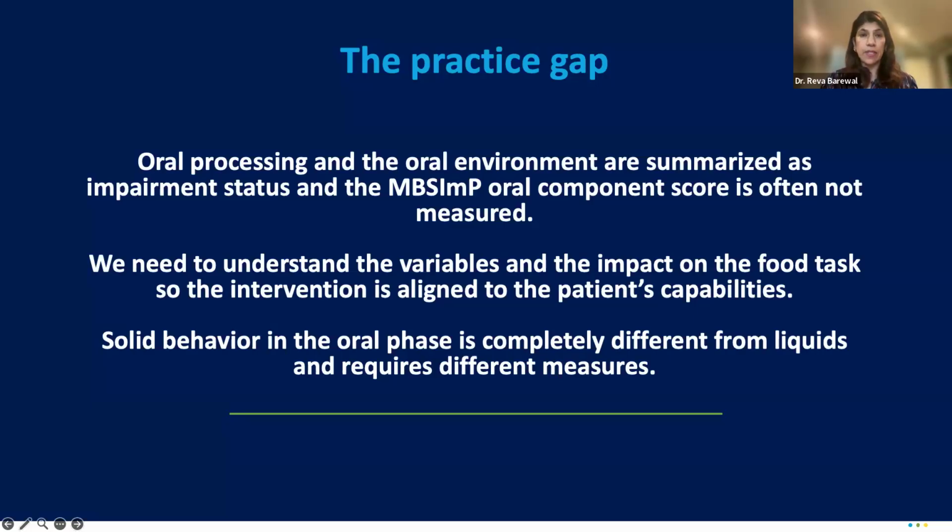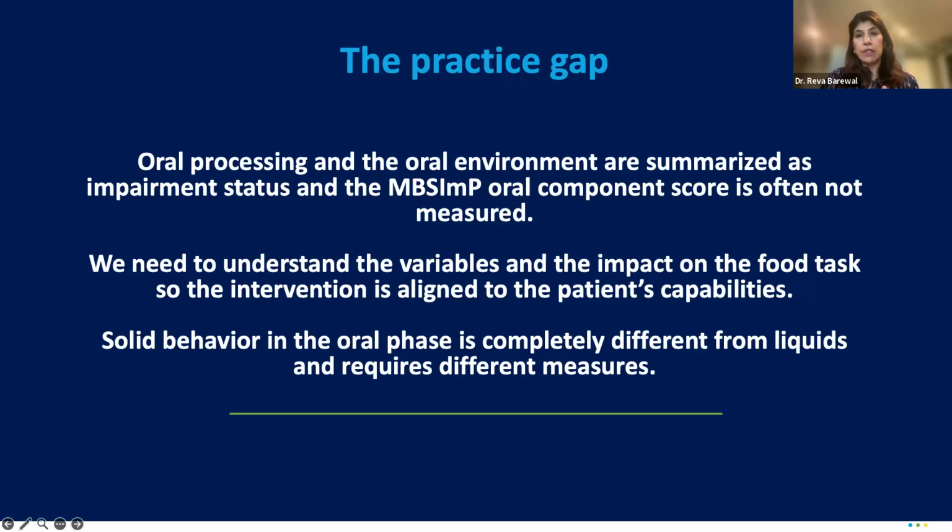in the previous swallow study. So that oral score with the MBSImP gives us an impairment description, but it doesn't in and of itself tell us whether the limiting factor is tongue control, dentition, posterior support, prosthesis stability, saliva, food properties, or some interaction.